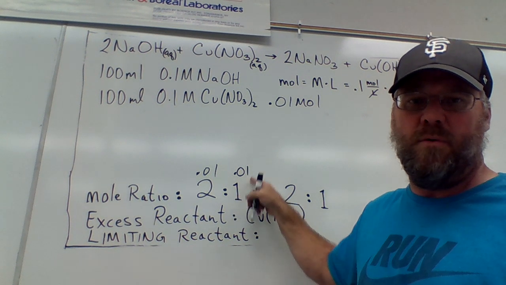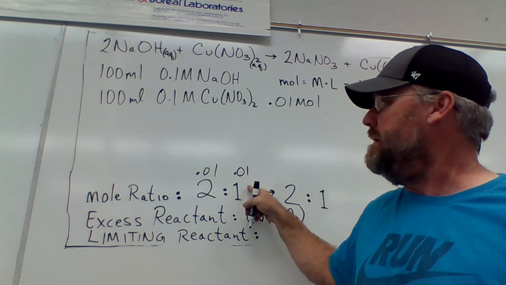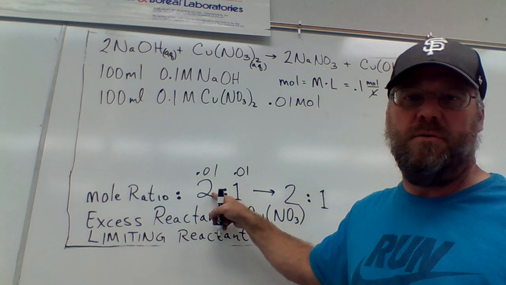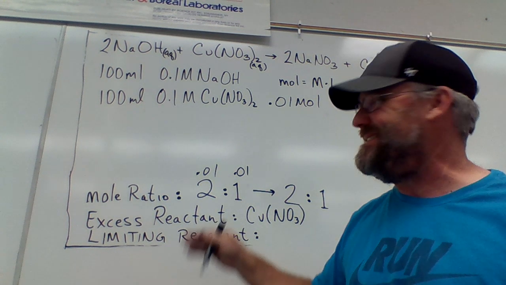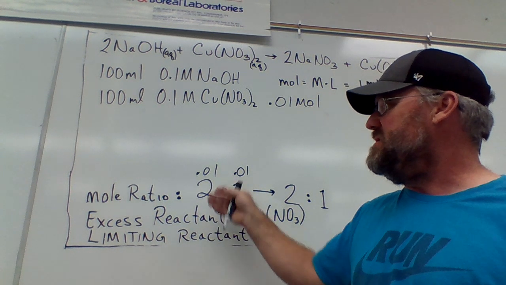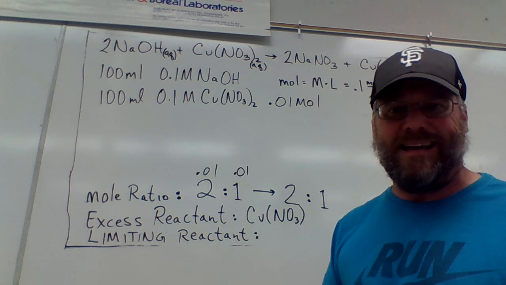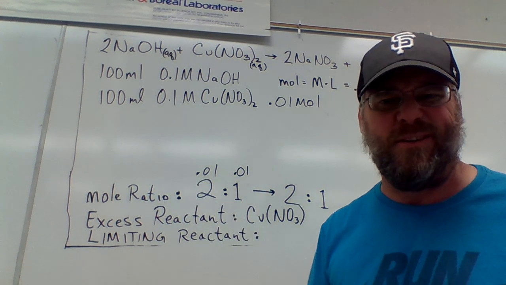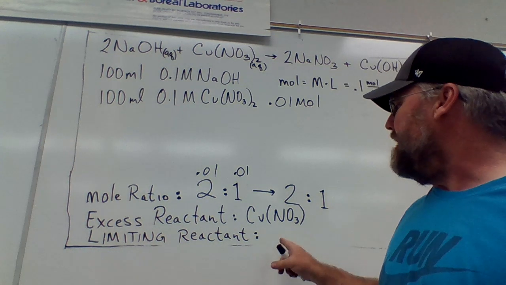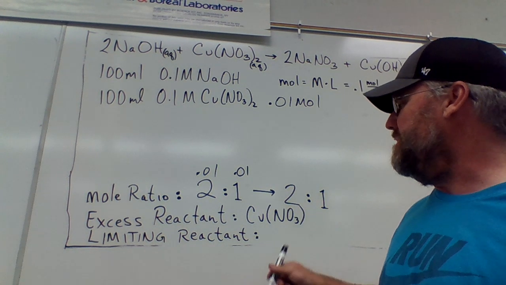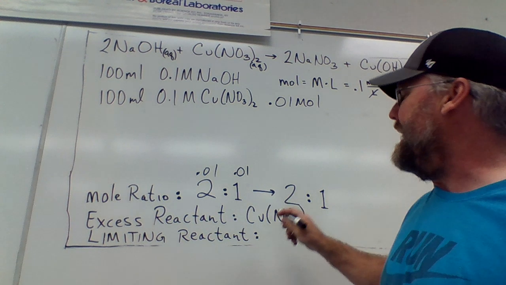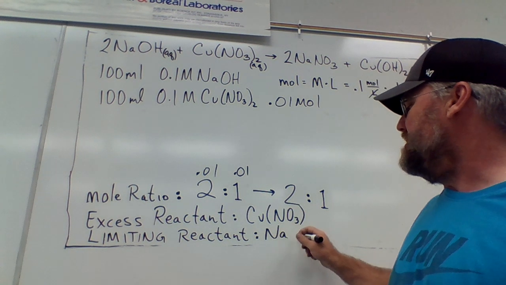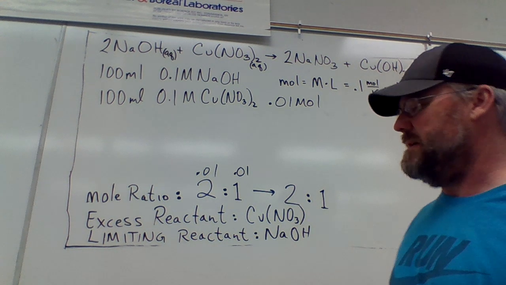If I took 0.01 divided by 1, that's 0.01; 0.01 divided by 2 gives me 0.005. That's less. Whichever one ends up with that lesser amount for reaction, I don't know what to really call it, but that is how I always try and think of it. And so my limiting reactant then is the sodium hydroxide.